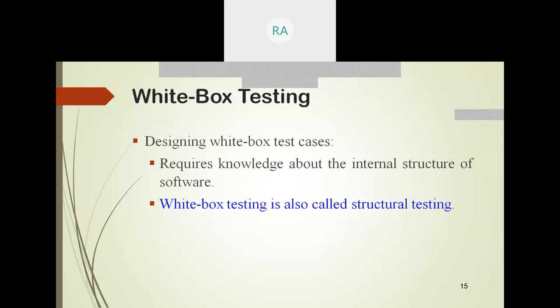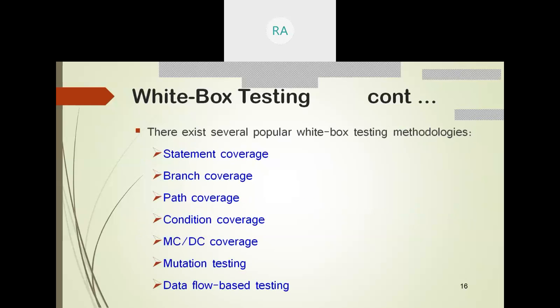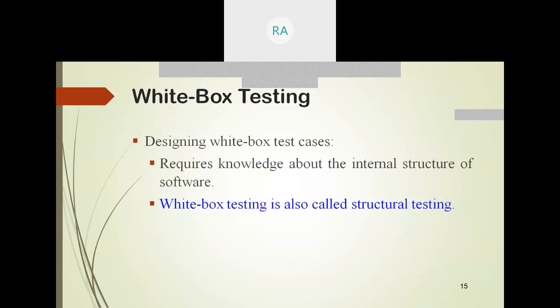This is also called glass box testing, or structural testing, one and the same, wherein the focus is more on the internal structure of the software rather than the functionalities you have implemented. The final outcome is that you are designing the test cases.